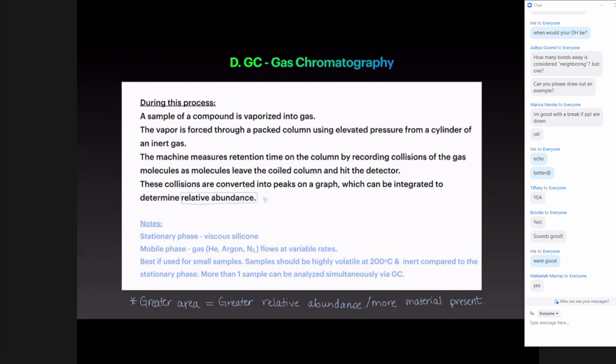Your samples should be highly volatile at 200 degrees Celsius and inert compared to the stationary phase. More than one sample can be analyzed simultaneously via GC because, as I mentioned earlier, this is usually on a large scale industrial size machine. The greater the area means the greater relative abundance and more material present.